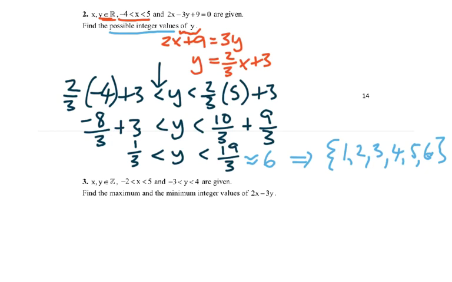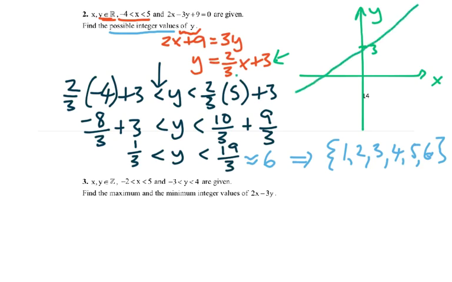You can fast forward the video to the next question if you're not interested in this graphical approach. We can also check the ideas here by looking at this equation. So we could start by saying, yes, we know the y-intercept is here at 3, and it's a positive slope, so it's going to slope upwards from left to right, and we could draw in something like this.